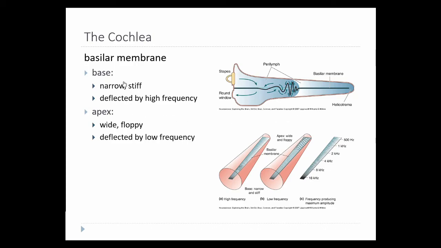So the human hearing range again is dependent on the properties of the basilar membrane. So different animals, different species could have a wider or narrower hearing range depending on the properties of their basilar membrane. But it turns out that the properties of the inner ear change with age as well.